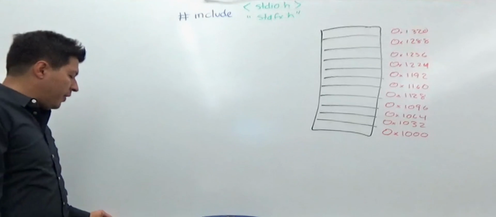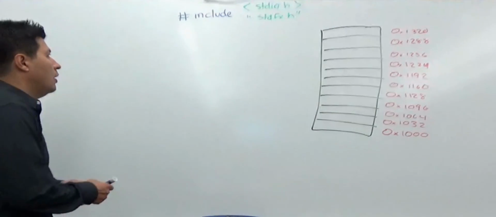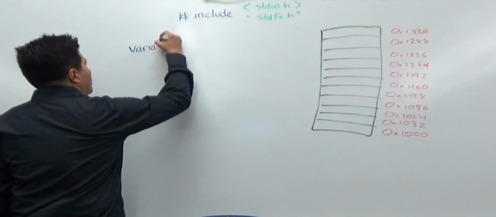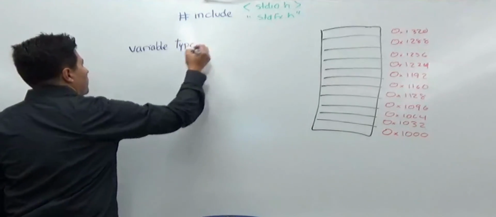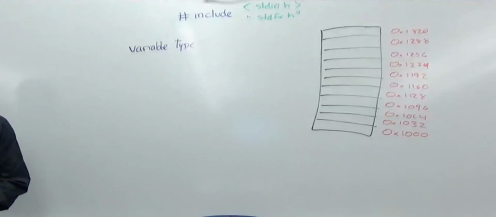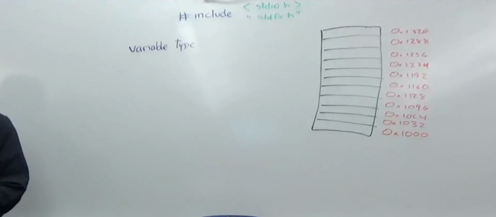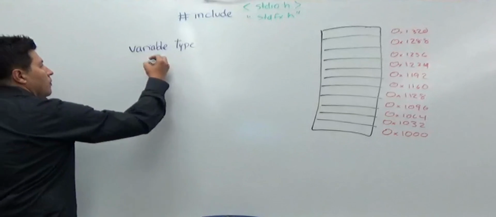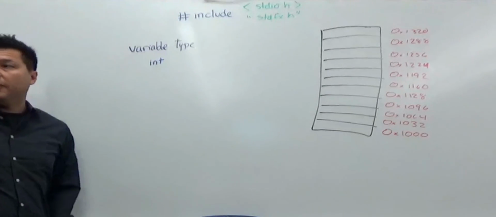So the way you declare a variable, the syntax is variable type. And for now we're going to use an integer, which is 32-bit.